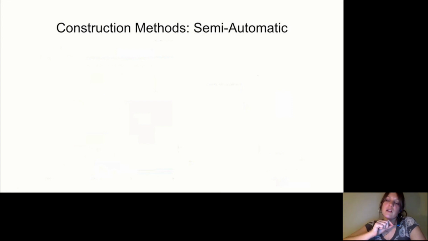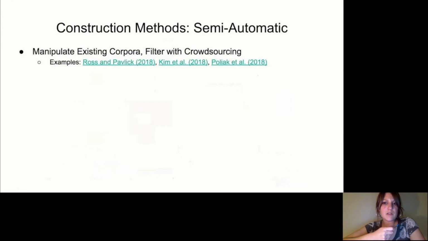Another approach is to try to reduce the dependence we have on human hours spent generating examples, and do some kinds of semi-automatic approaches. This is one I've personally used a lot, so I'm a little biased, but I like the combination with naturally occurring data. It can be hard to ask people to naturally generate sentences.